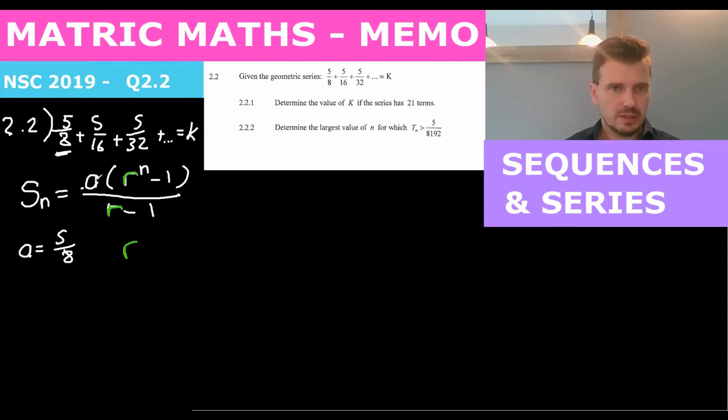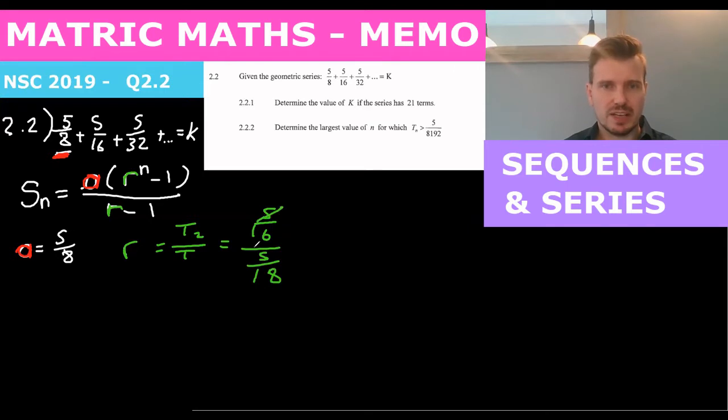So r is equal to t2 over t1, which is equal to 5/16 over 5/8.